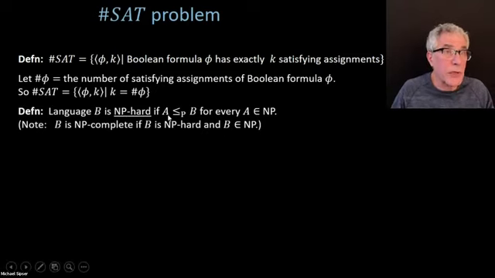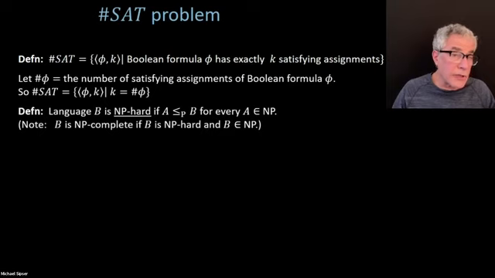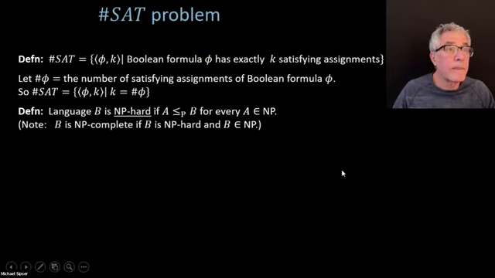A language is NP-hard, or coNP-hard, or PSPACE-hard, or any of those other classes that we looked at, if every problem in the class is reducible to that language, but you don't know whether that language is in the class. So we just call it NP-hard instead of NP-complete. You could say the language is NP-complete if it's hard and it's in NP.